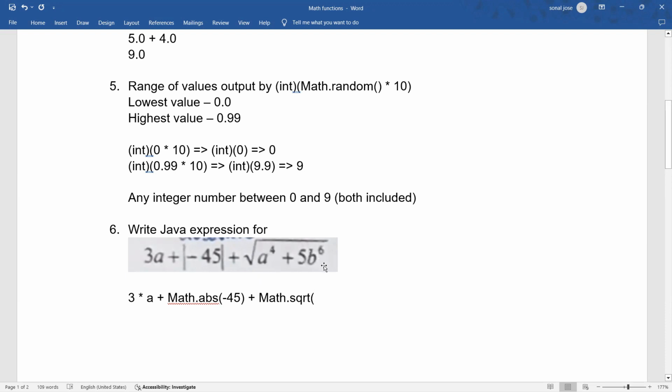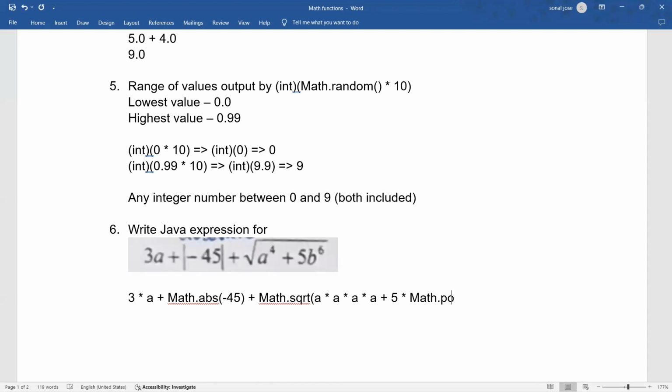Now there are two ways of writing this. You could write it as A into A. I'll do both ways. So this one I'll do A into A into A into A, multiplied 4 times. Plus, what is this? 5 into b raised to 6. Now I could write it like this, b multiplied by b 6 times, or the better way is to do b raised to 6.